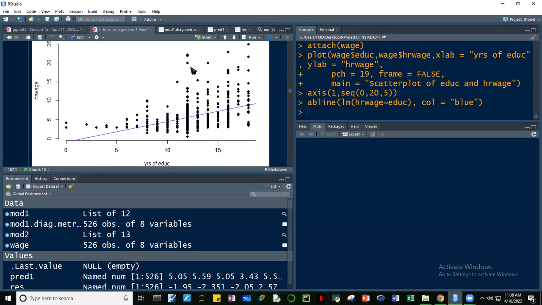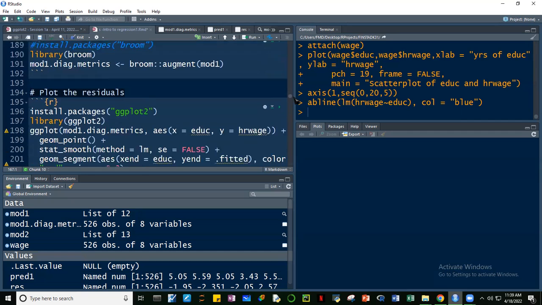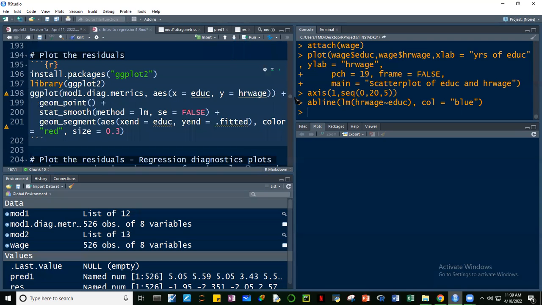This plot shows your hourly wage versus your years of education for each observation. So the distance between the actual point and your regression line, that's your residual. These are our residuals, the difference between your actual data point and the regression line. So you can see our residuals there.